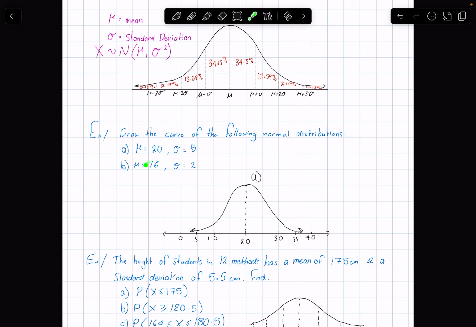Now, if I'm looking at this next one, I've got a mean of 16, which means I've transferred over to about here. So that's where my mean's going to be. Now, my standard deviation is smaller, which means it's less spread out. So that means my curve has to be taller. Now, you don't have to get it proportionally correct as long as it is approximate. Now, that's not quite going to be 16, it's about 15.